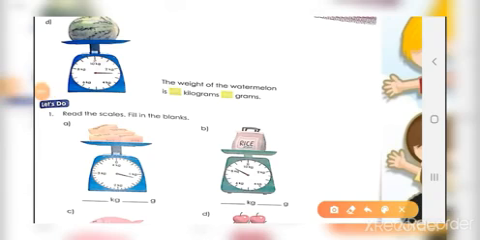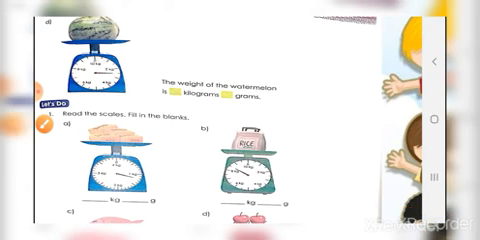So can you see where the needle is pointing? That is after 2 kg, and here we have 3 kg. So it means this needle is pointing between 2 kg and 3 kg. So it must be 2 kg and 500 grams.